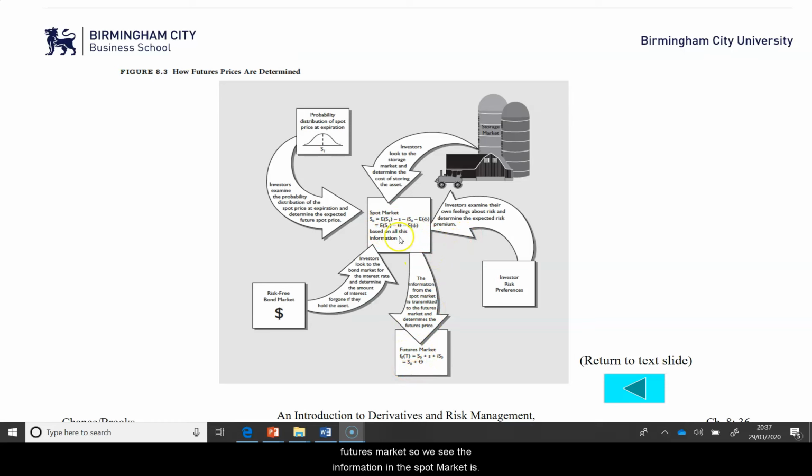So we see the information in the spot market is helping in determining the prices in the future market.